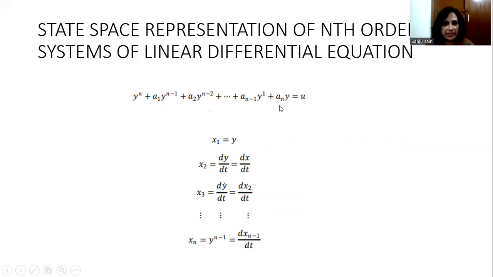In the continuous mode of operation we have the differential equation, but in the discrete mode, the system dynamics are represented with the help of difference equations. So this is the overall equation representing the dynamics of the system. u is the input and y is the output.